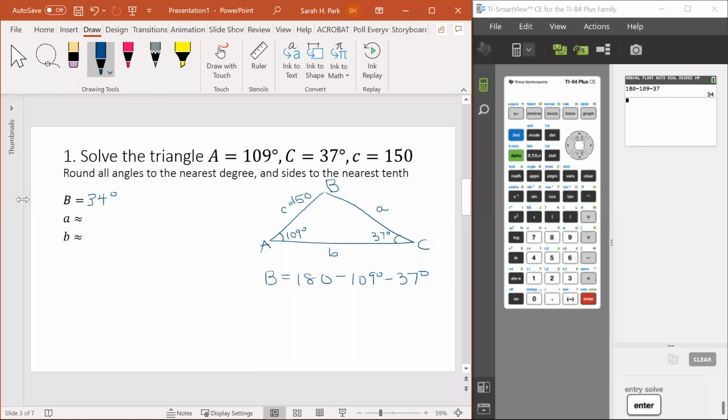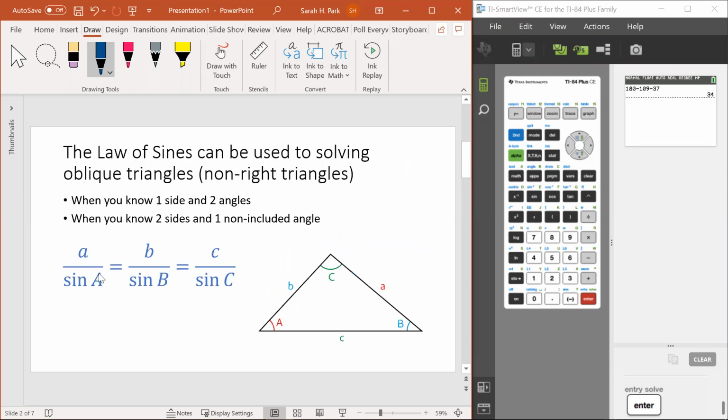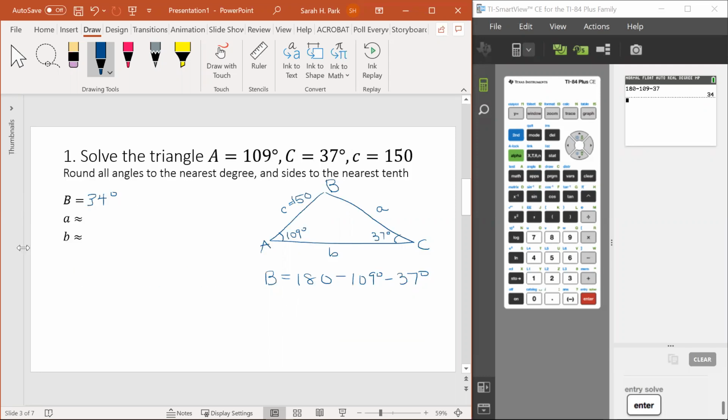Now for side a, we're going to use the law of sines. And the law of sines, if you go back, is a over sine of A. So I'll write it down first, a over sine of A, and either we're going to use b over sine of B or c over sine of C. Let's use what's given. We know side c, we also know angle C, so let's use that information to solve.